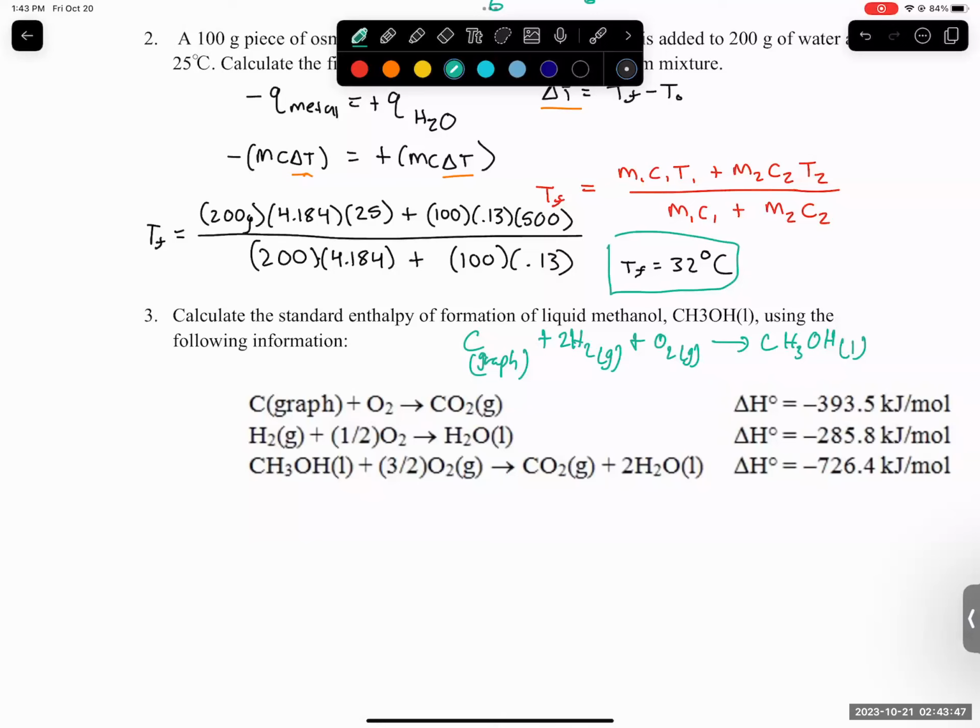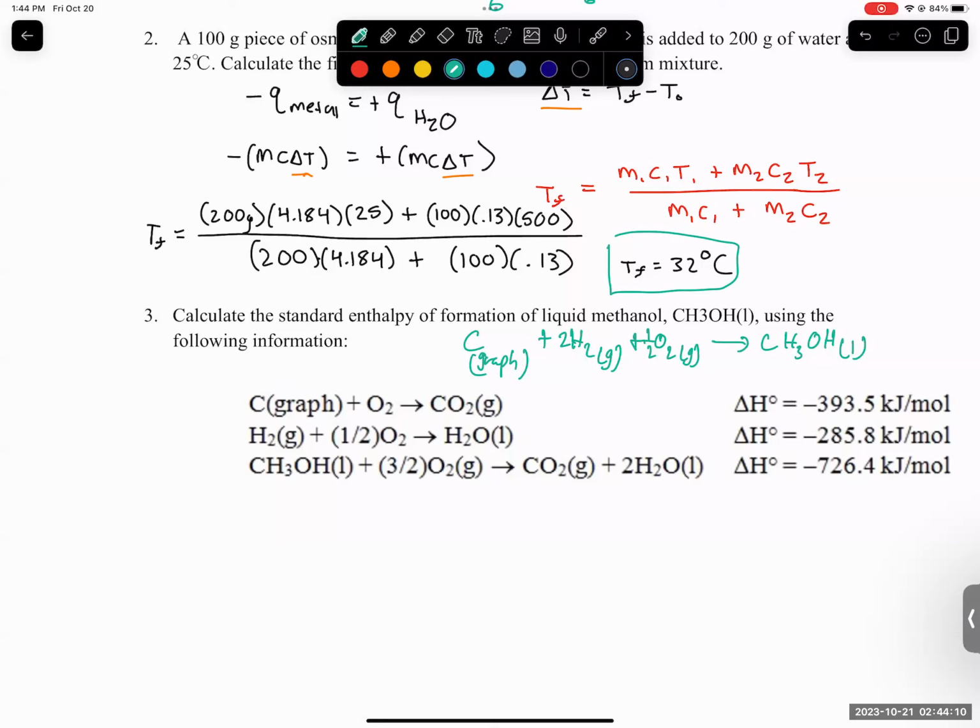Because there's 2 on the left and 1 on the right. 1/2. Because again, remember, we need to form one mole of product. So 1/2 times 2 is 1. So dividing by 2, multiplying by 1/2, same idea.